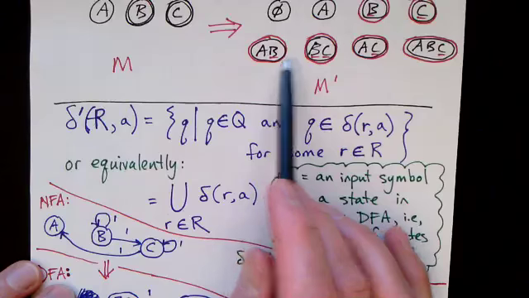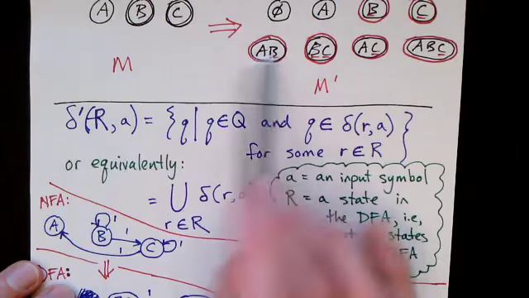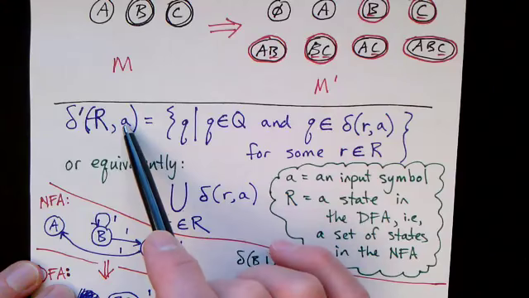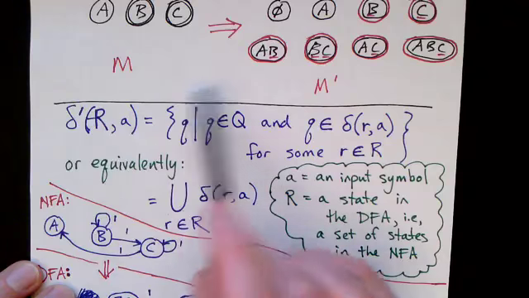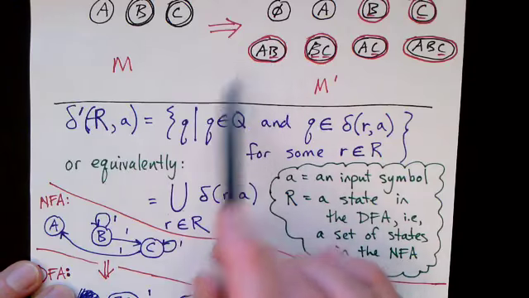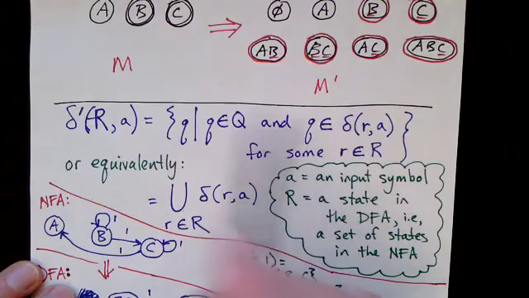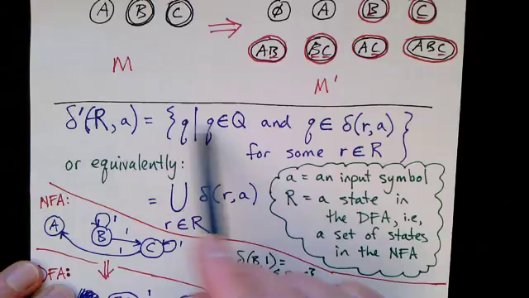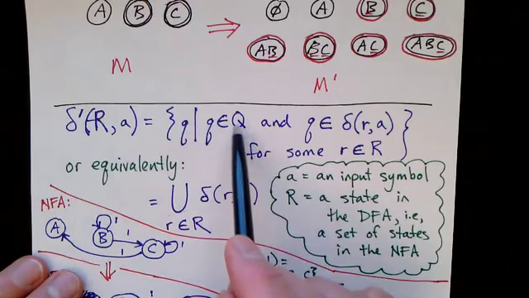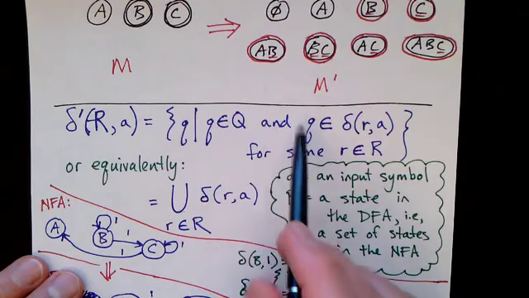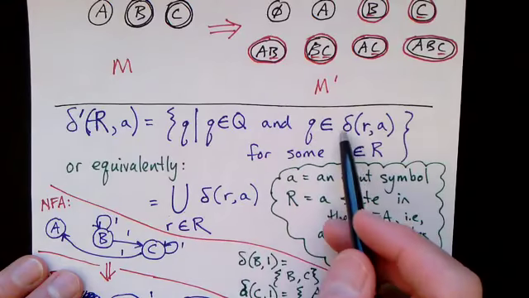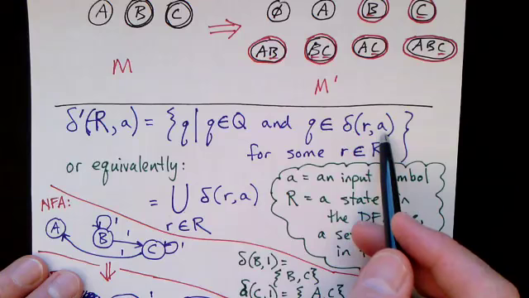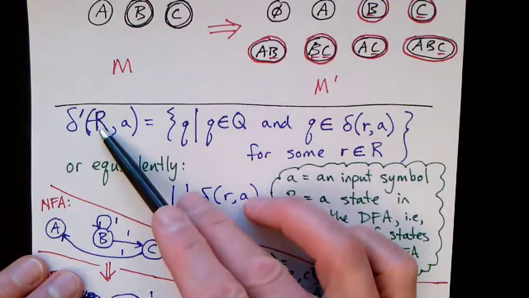So for example, we might ask, where do we go from state AB on some alphabet symbol like A? Well, AB is a set, capital R. And we say, well, we go to a set of states Q from the original non-deterministic machine, such that that set could be reached in the non-deterministic machine from one of the states in capital R.